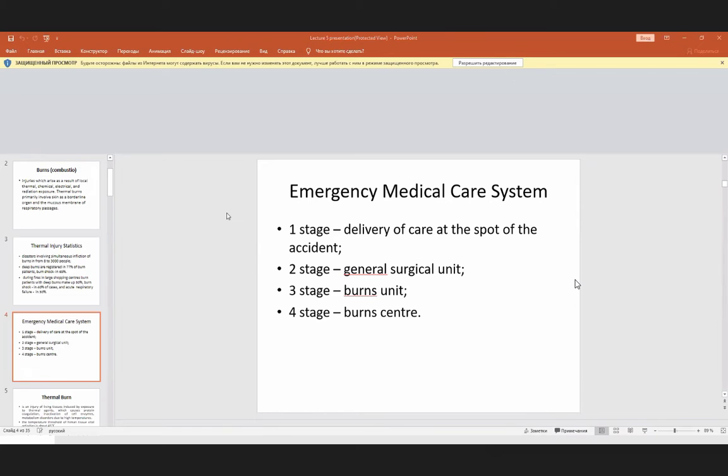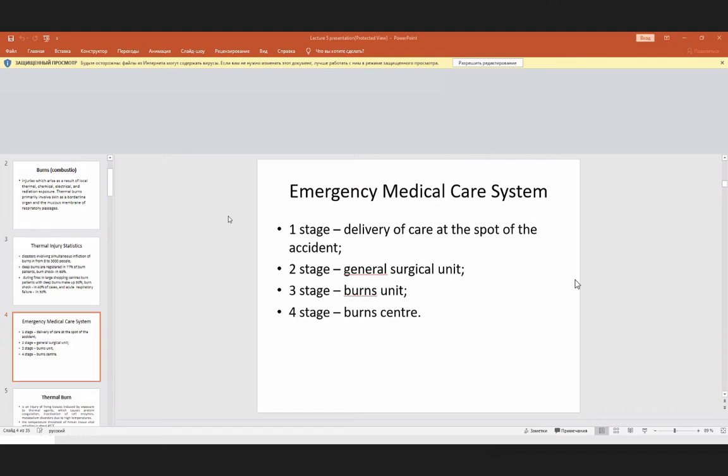First of all, skin cover is affected; mucous membranes, deeper tissues and airways are less frequently damaged. The temperature threshold of human tissue vital activity is about 45 degrees.